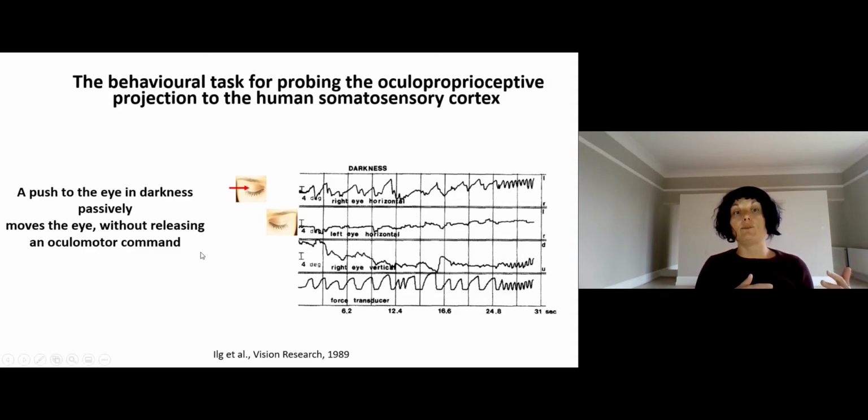So we thought that we could take this task in the magnetic resonance imaging scanner and see the brain areas that are activated by passive eye movement.